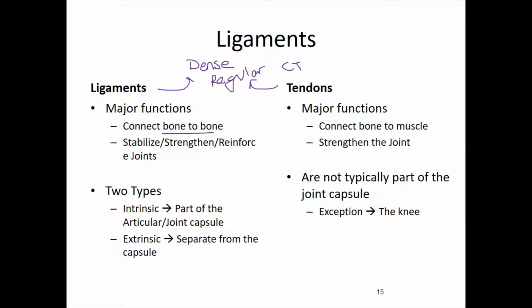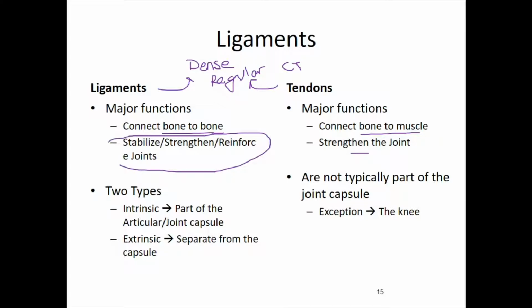Tendons usually connect bone to muscle, although they can be in between muscles too. I like to think of this as ligaments connect the same thing. Tendons tend to connect something different, like bone to muscle instead of bone to bone. Tendons can strengthen the joint. Ligaments play a much larger role.